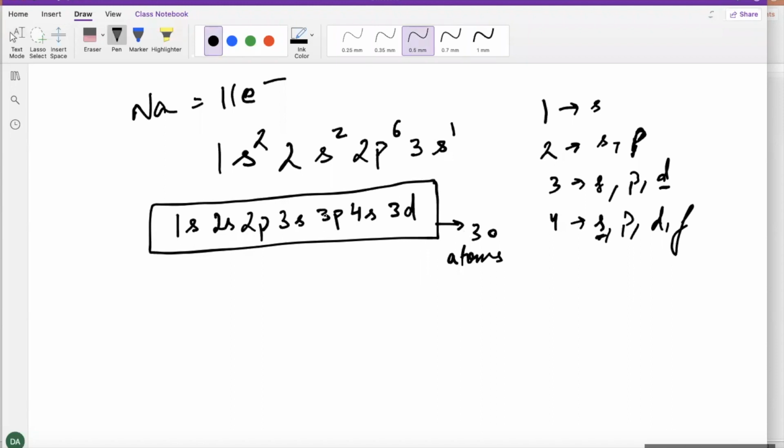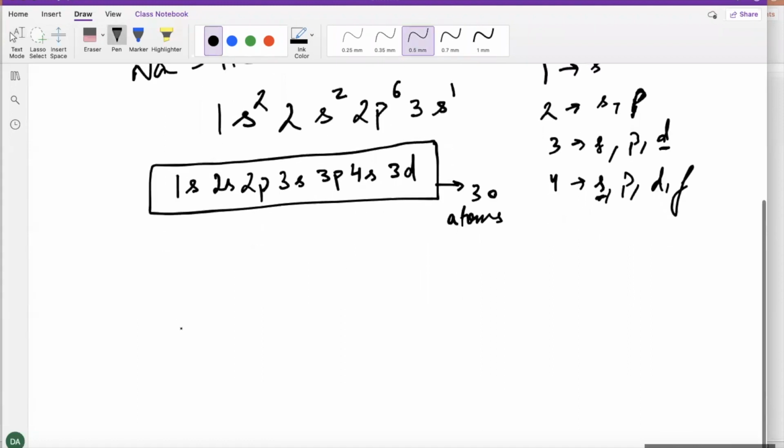Again, just to summarize, when you go from 3s, 3p, and you want to go to 3d, actually 4s comes in first. Now, just to remind you guys again, how do we fill the electrons? You go to the lower energy first. So if I try to draw an energy diagram, the 1s is very low energy, and that's why it's filled first.